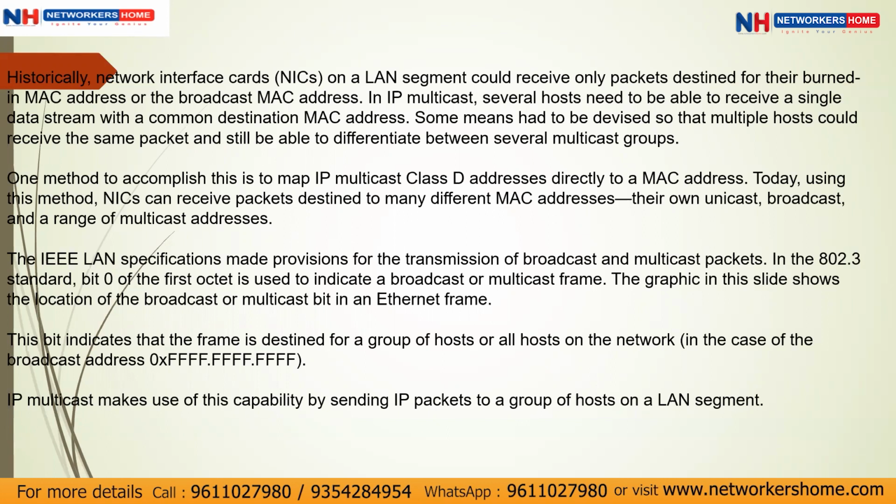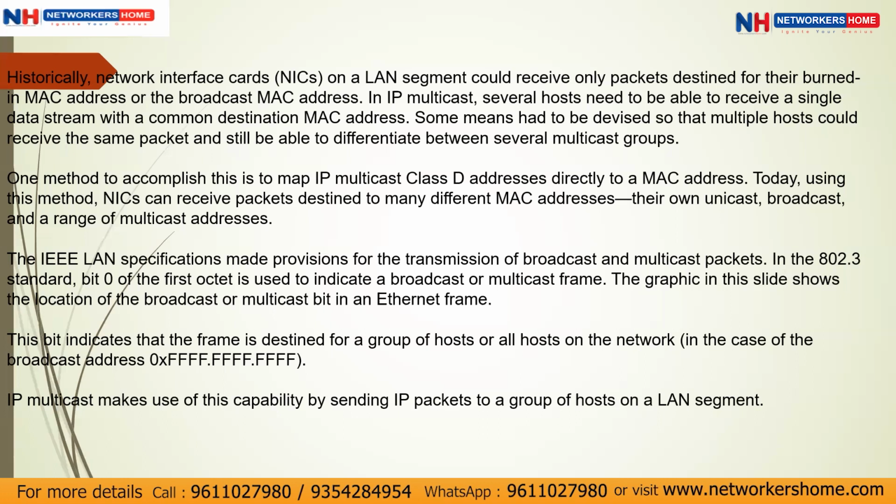Some means had to be devised so that multiple hosts could receive the same packet and be able to differentiate between several multicast groups. One method of accomplishing this is to map the IP multicast class D address directly to a MAC address. Using this method, a NIC can receive packets destined to many different MAC addresses: its own unicast, broadcast, and a range of multicast addresses.